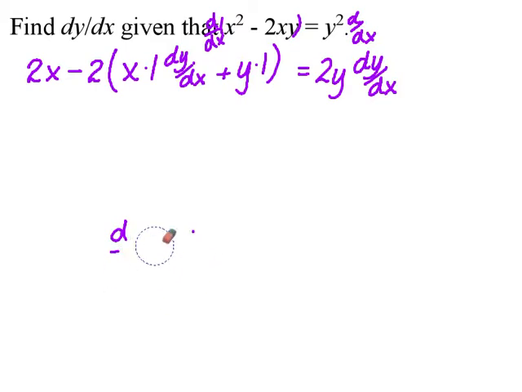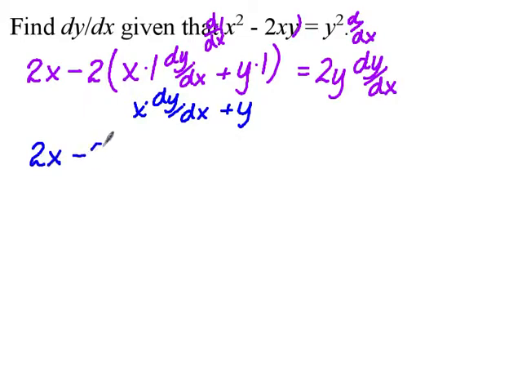Now you've got to distribute that -2. So before I do that, I'm going to write this as x dy dx plus y. So really I have 2x, and then what comes next? -2x dy dx minus 2y.